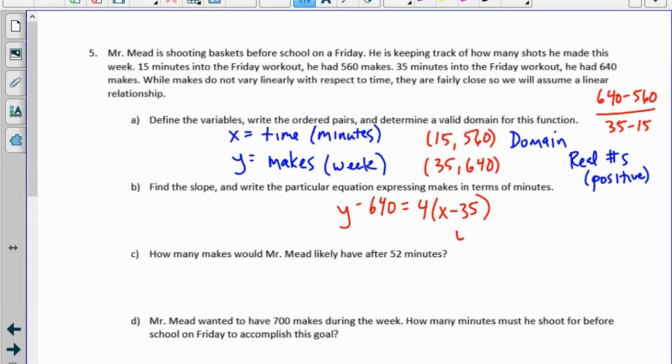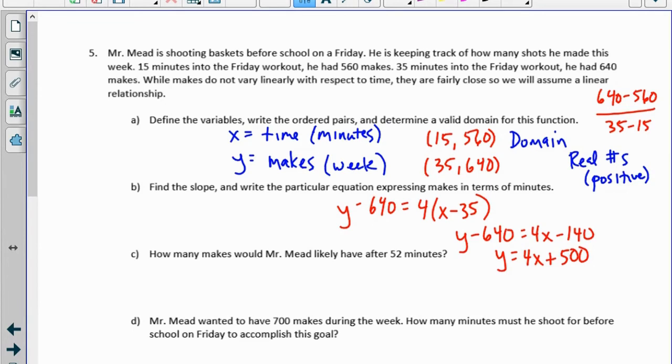So I distribute, I get y minus 640 equals 4x minus 140, and add 640 over, I get y equals 4x plus 500. I know that's something that shows up later, but kind of flows from what we're doing in part B. So that means my y-intercept is 500, and we'll talk about that in a minute.